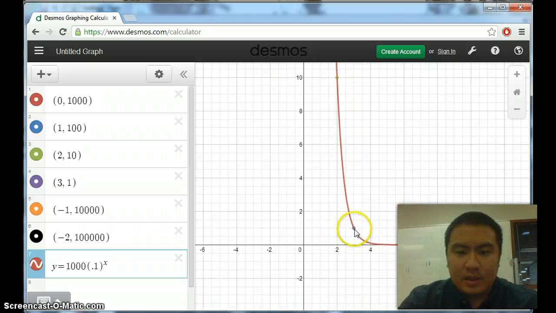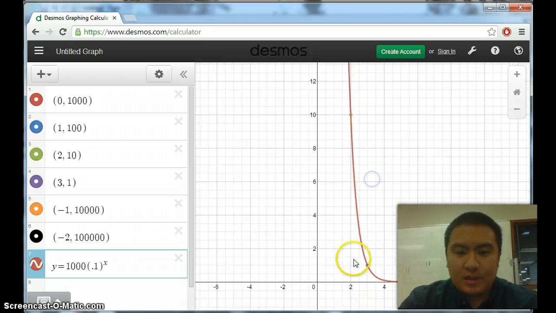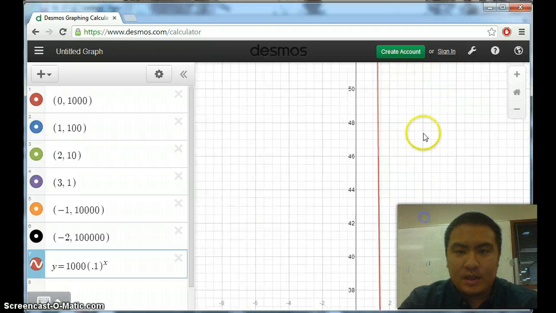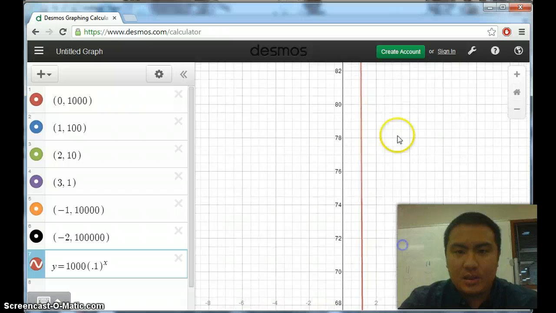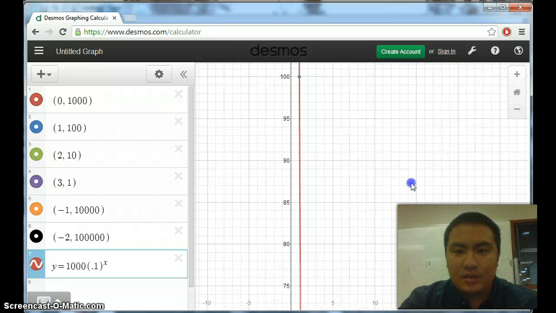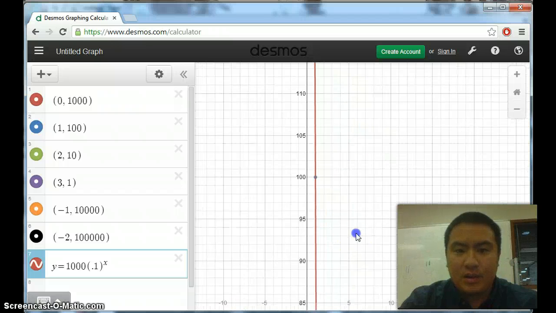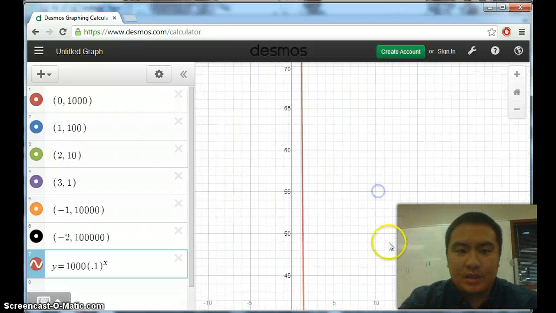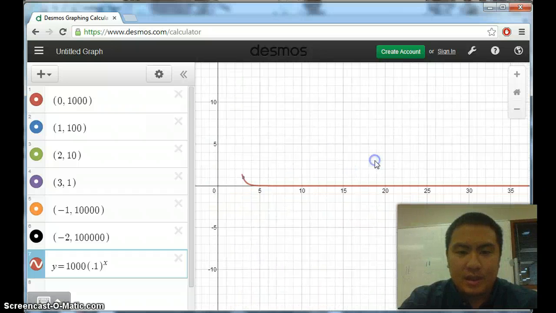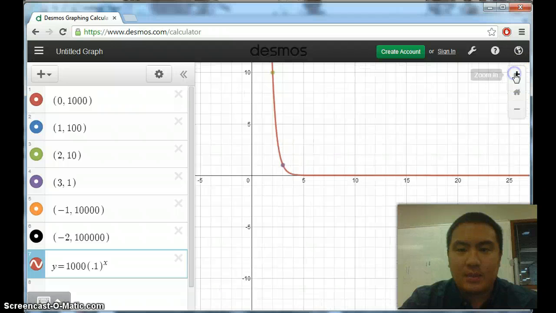So at 3 you got 1, at 2 you got 10, at 1 you should be at 100, and then going out you realize that it's really hard to graph. Okay, so it's going down and then it slows down, and it's basically the opposite of a growth.